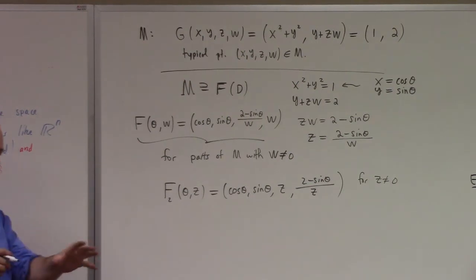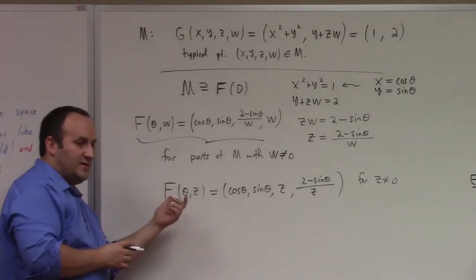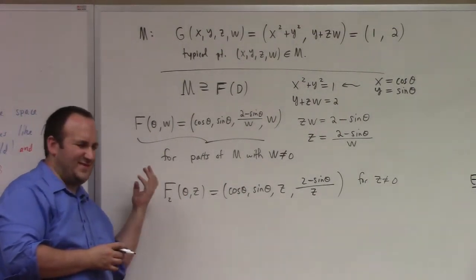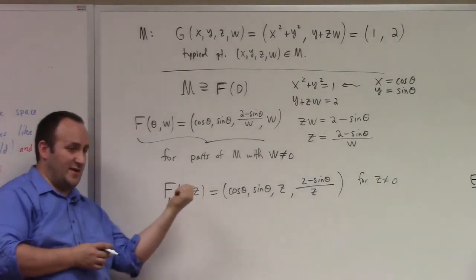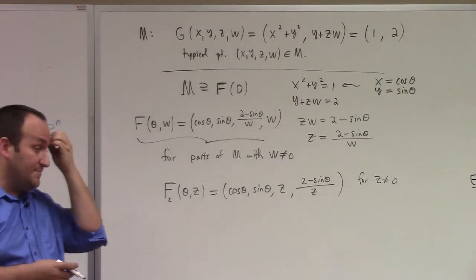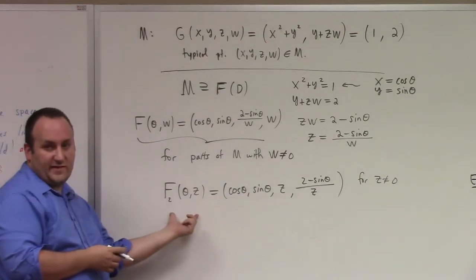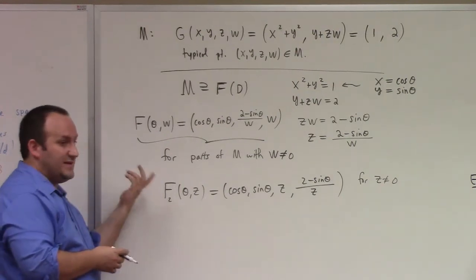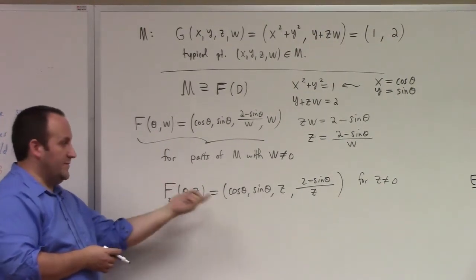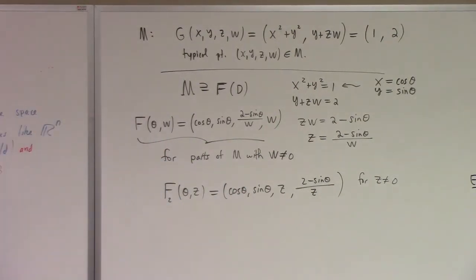But if you want to have continuity and cover the whole thing, those issues are exactly what make you need more than one chart on the whole space, a lot of times. So that would be another patch on M, for the points with z not equal to 0. But w could be 0, and here it would be fine. And to be clear, we should also say what theta ranges over.